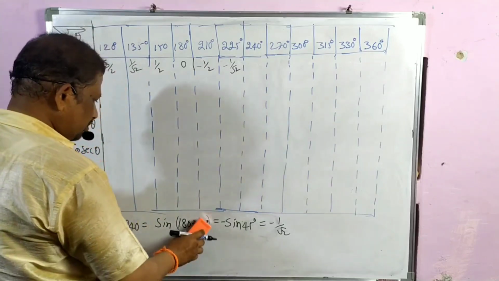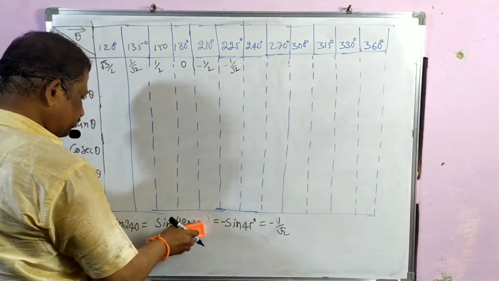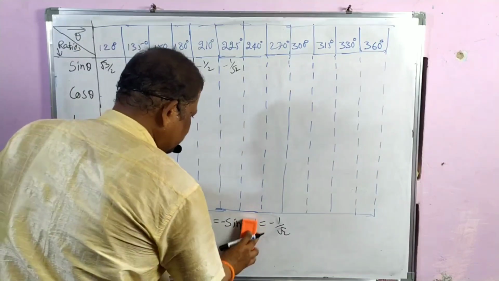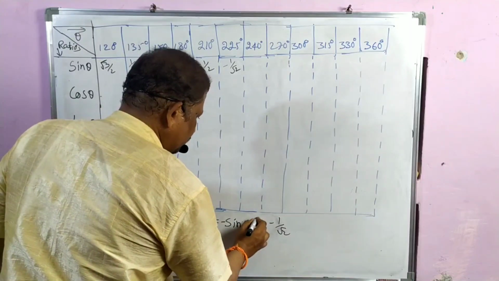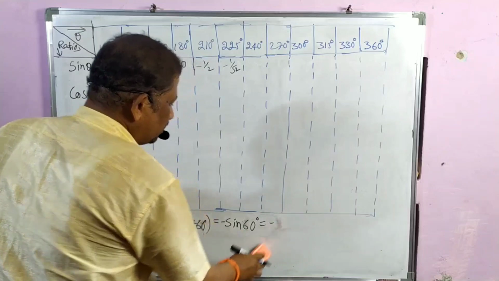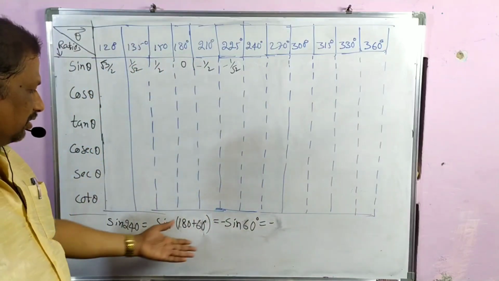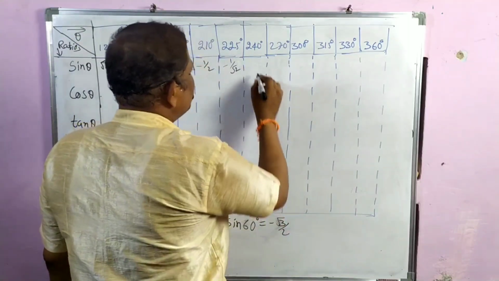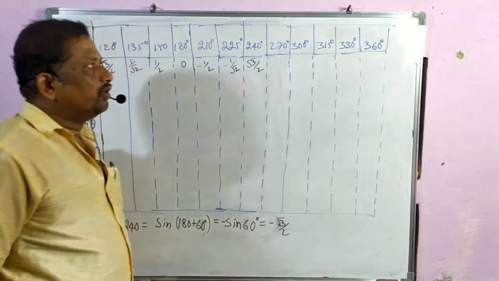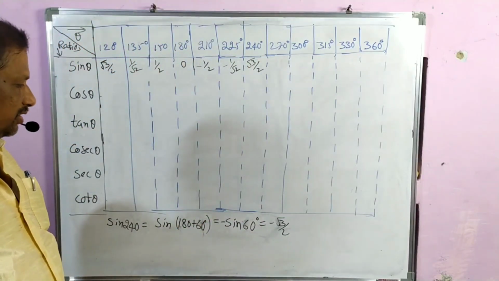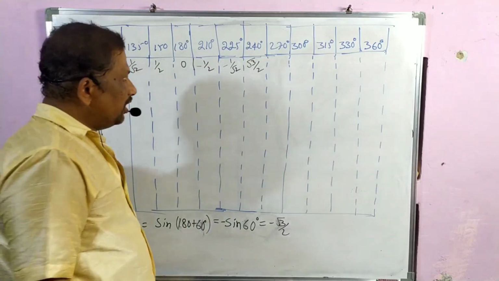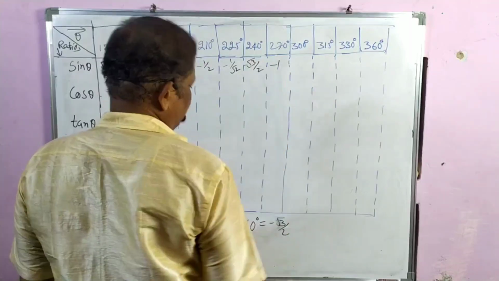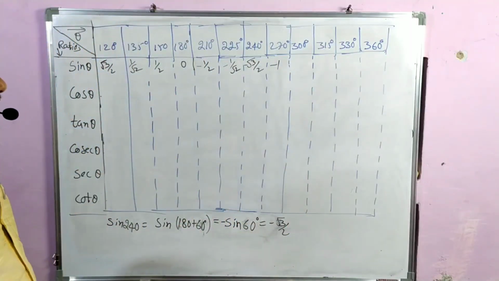This can be written as 180 plus 60, so sin 60. It also falls in the third quadrant, so negative comes. Sin 60 is root 3 by 2, so minus root 3 by 2. Next step, 270: 180 plus 90, sin 90 is 1, here minus will come, so minus 1.